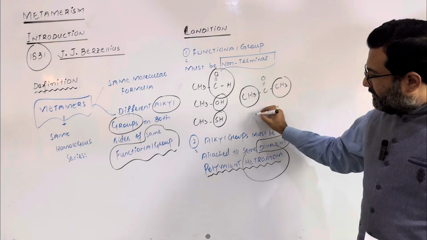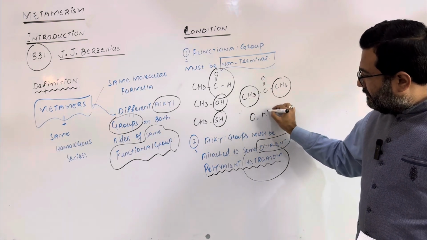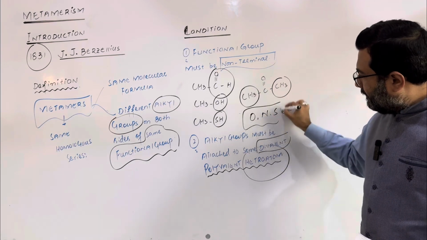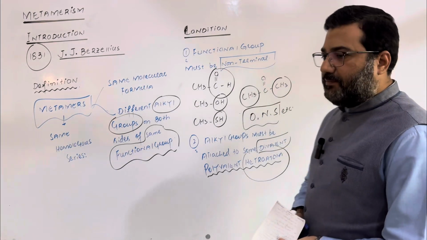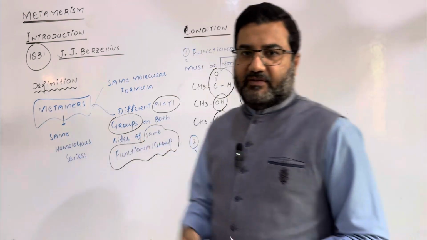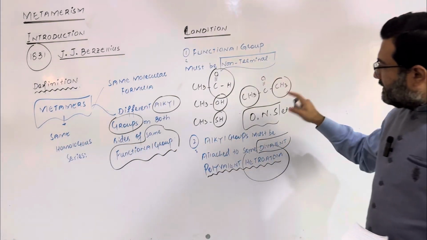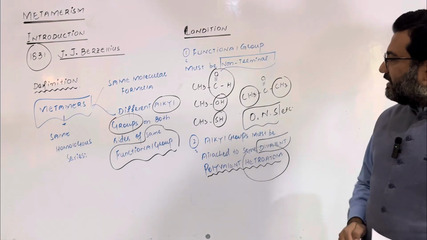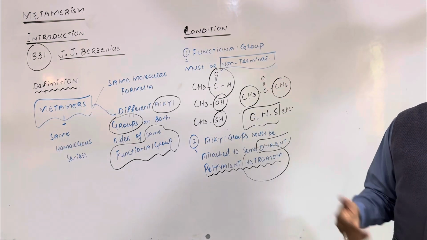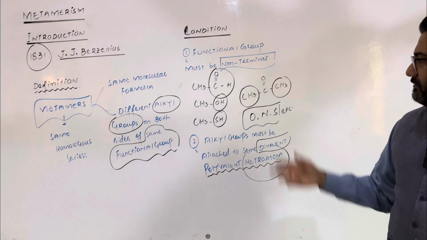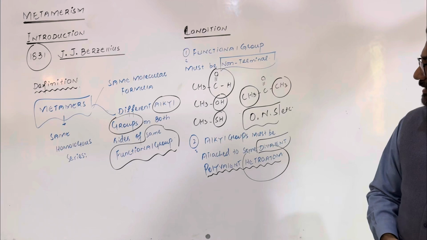That heteroatom may be oxygen, nitrogen, sulfur, etc. So the alkyl groups must be attached to some divalent or polyvalent heteroatom. So that's why ketones will not show metamerism even though there are carbon chains on both sides of the functional group, but the alkyl groups are not attached to some heteroatom. Both are attached to the carbon.